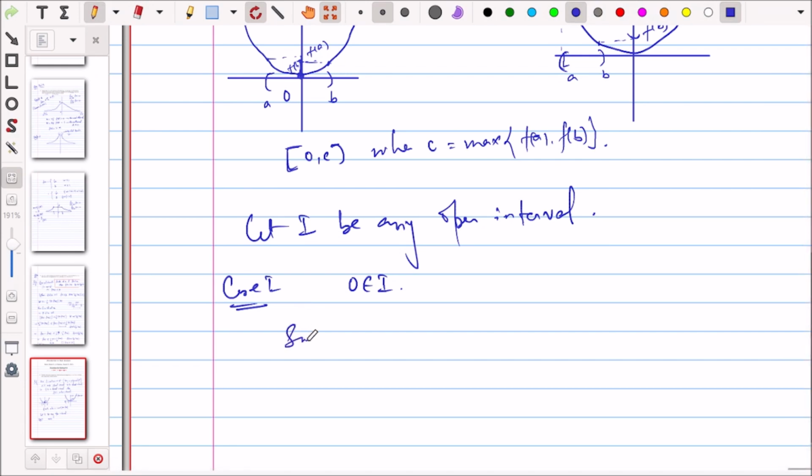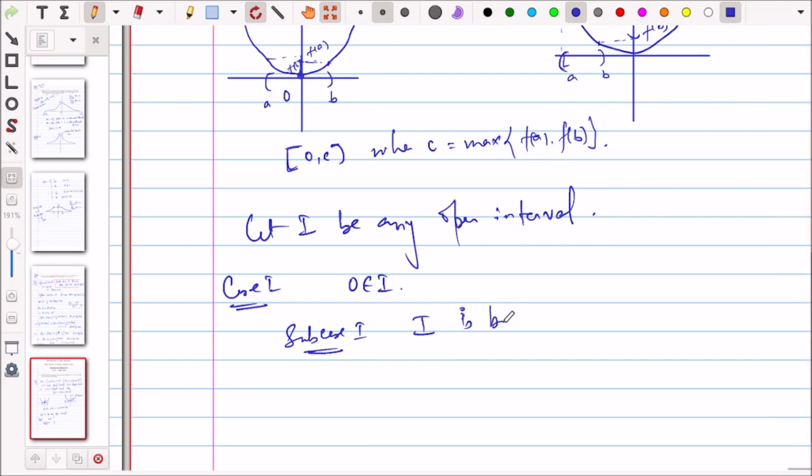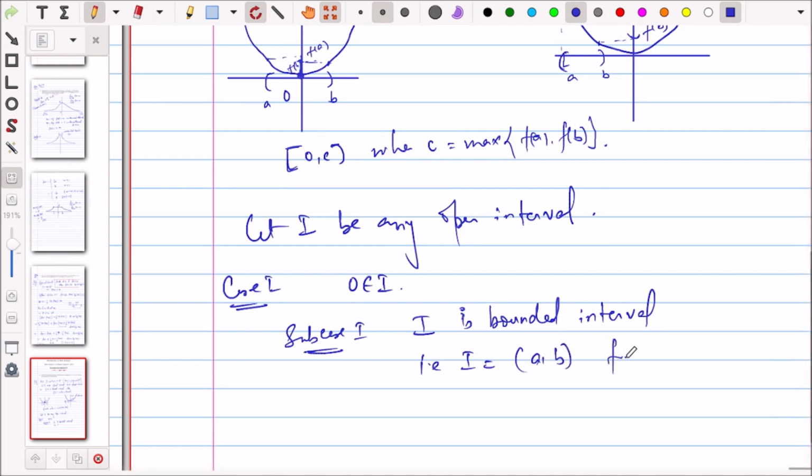Sub case 1, I is a bounded interval, that is I is equal to (a, b) for some a less than 0 less than b.